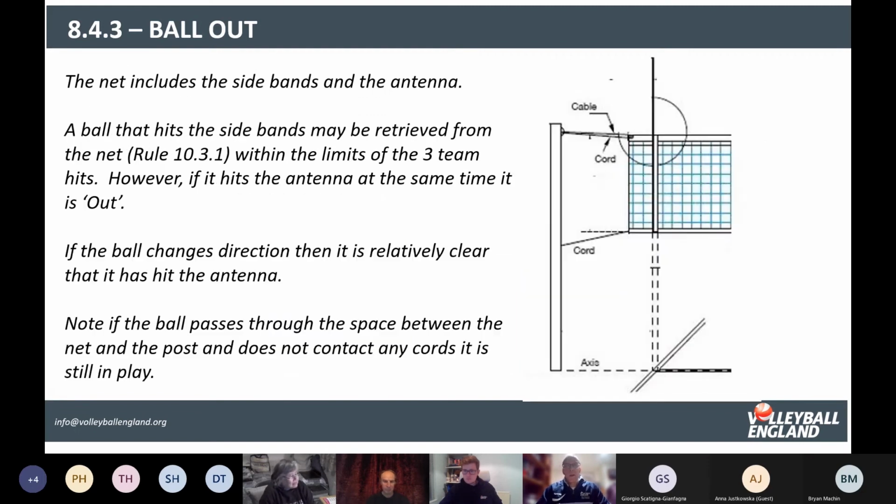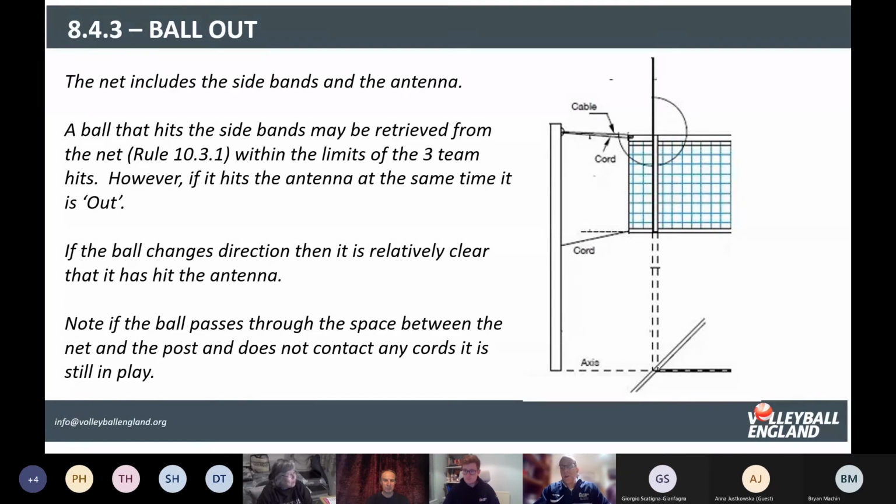Now, within this one, we have the net and the side bands, and we know that a ball that hits the side band may be retrieved from the net. But if the ball hits the antenna at the same time it hits the side band, then it is out.